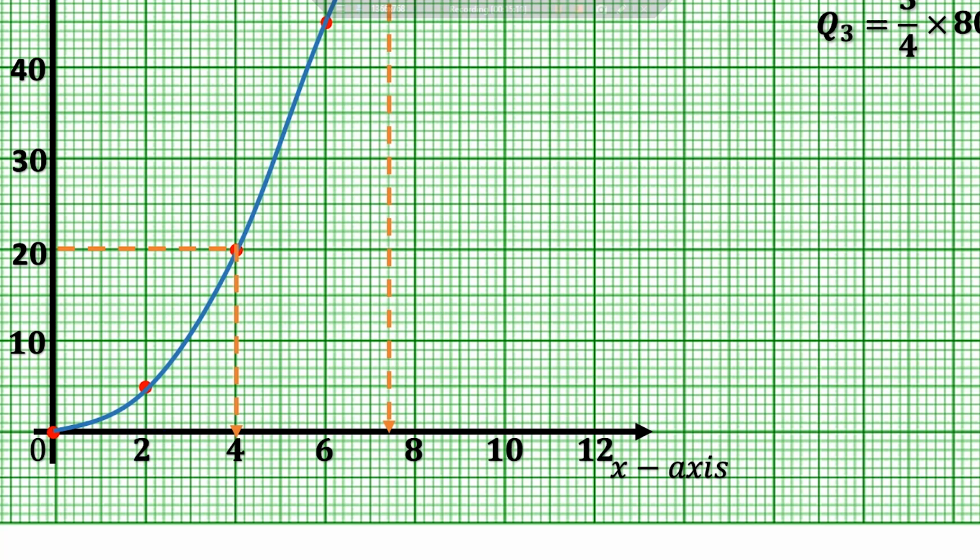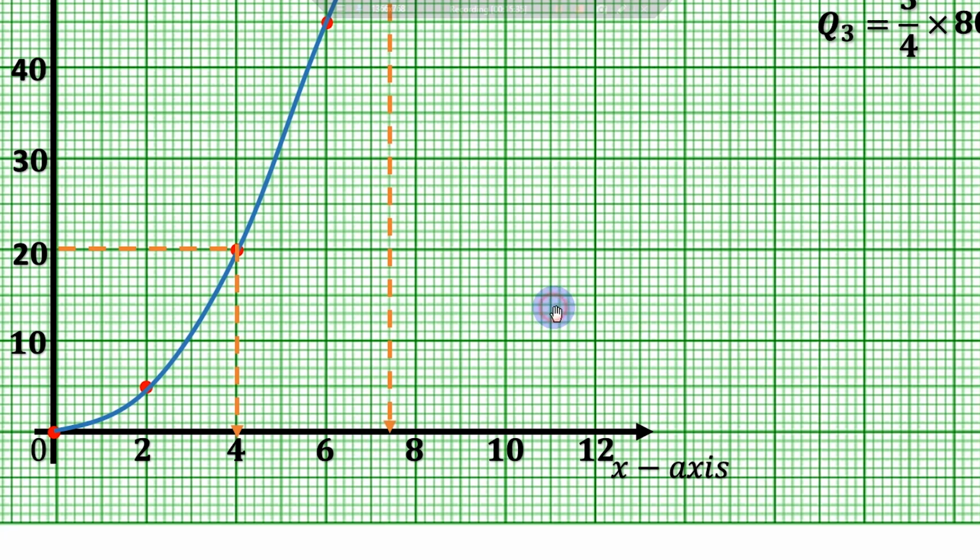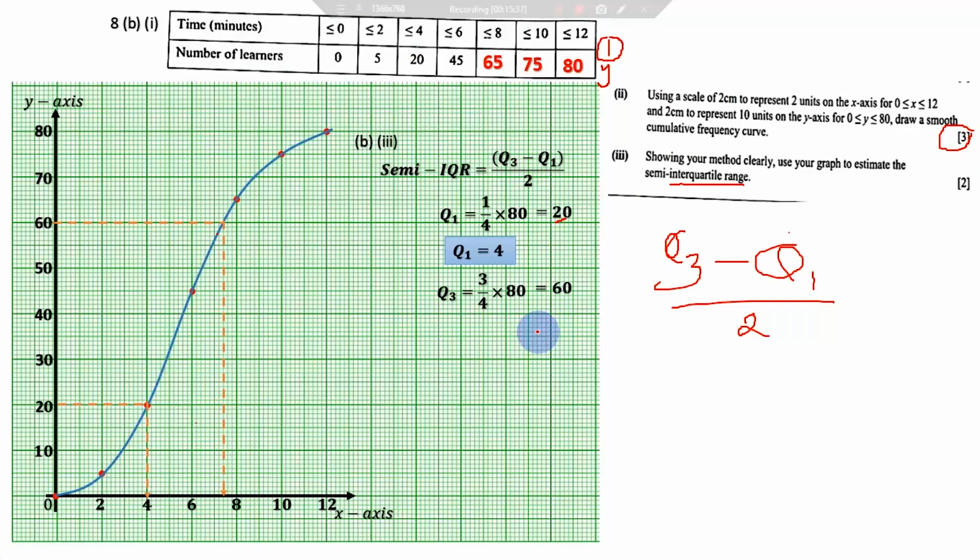A smaller unit on the x-axis represents 0.2. So I want to know what this value is here. From 6, this is 6.2, 6.4, 6.6, 6.8, then 7, 7.2, 7.4. So my Q3 is 7.4.